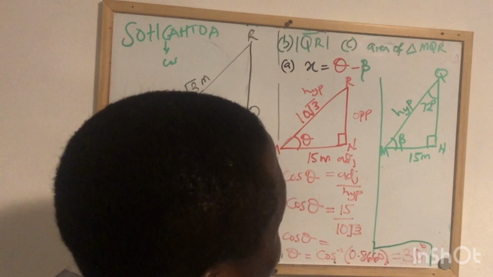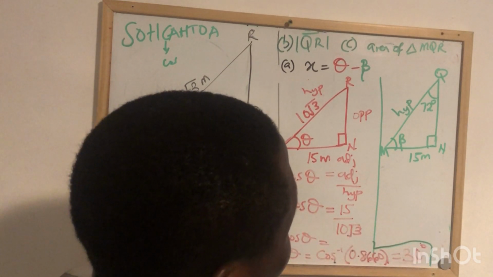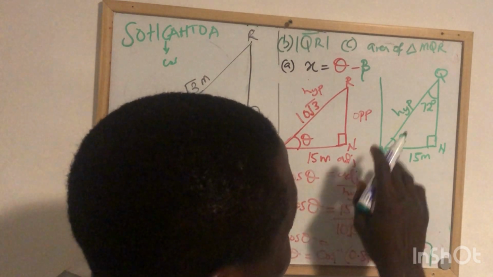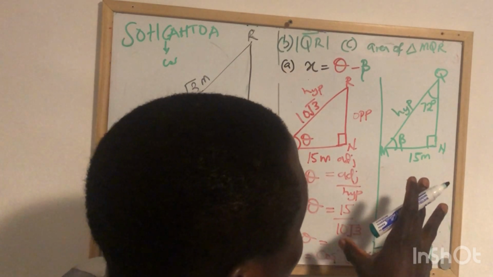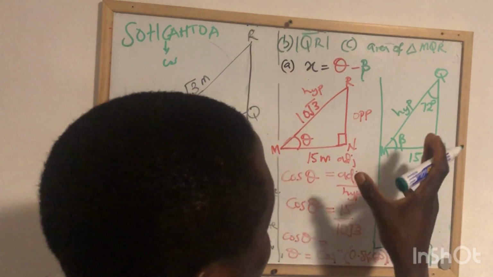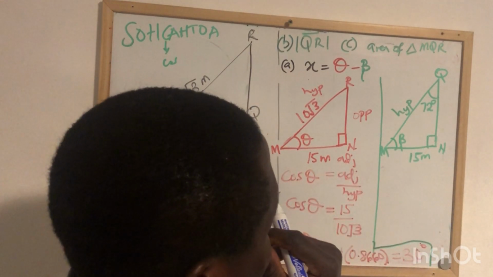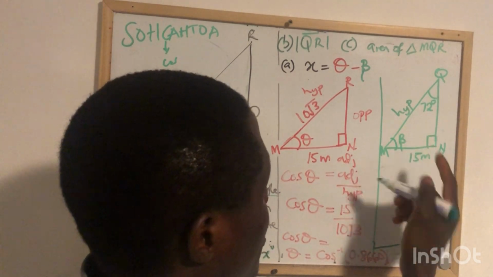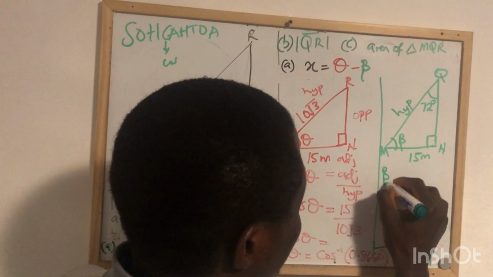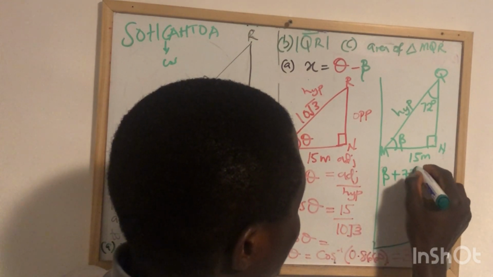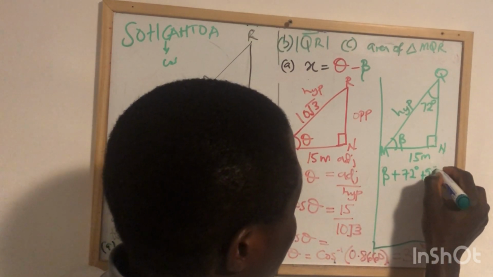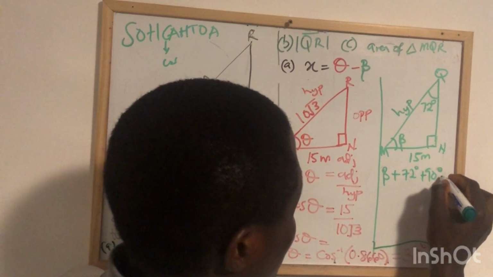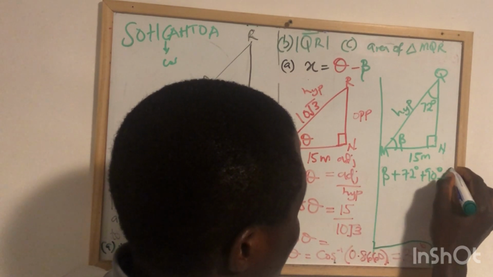There is not even a need to disturb ourselves using Pythagoras or trigonometric ratios here. This is actually obvious. Why? We have 90 degrees, we have 72, and we have beta. So beta plus 72 degrees plus 90 degrees is equal to 180 degrees, the sum of angles in a triangle.